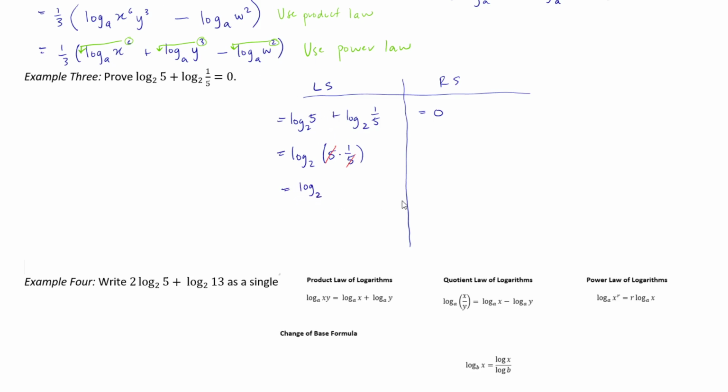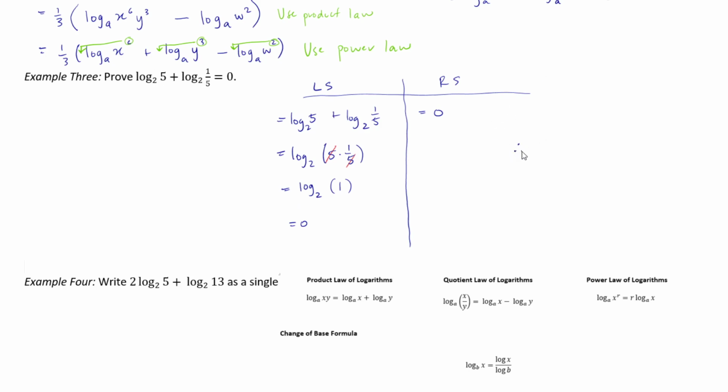Log 1 base 2. So this asks me, what exponent on 2 produces the value of 1? Well, that's 0. And so I have now proven that this right here is equal to the right side.